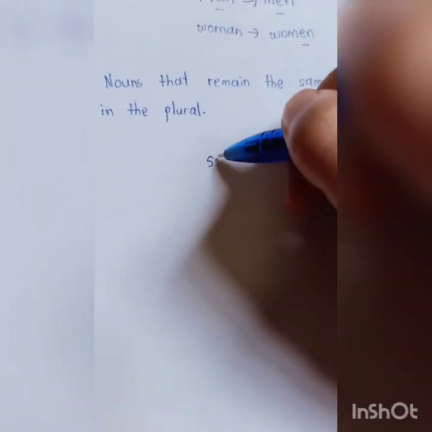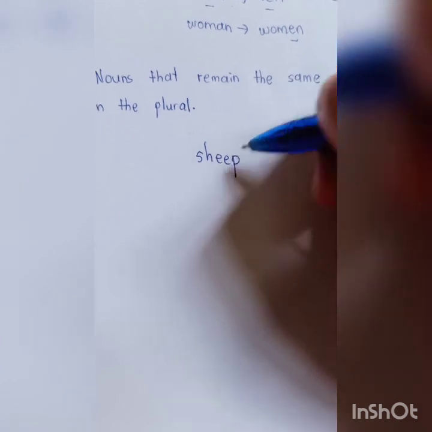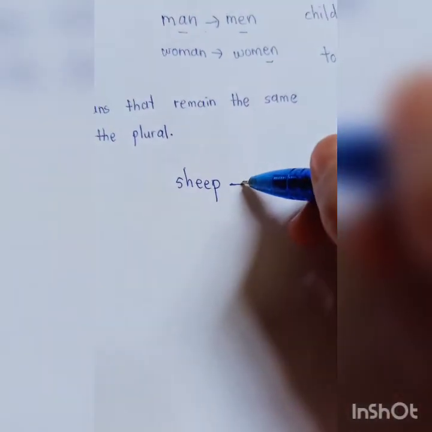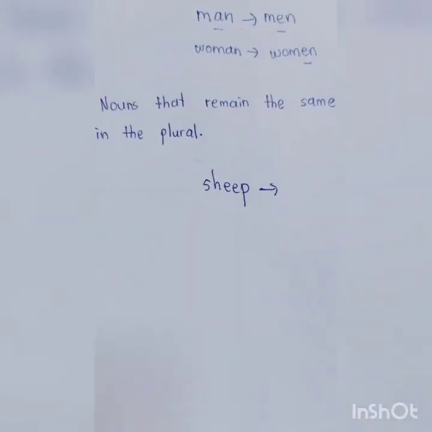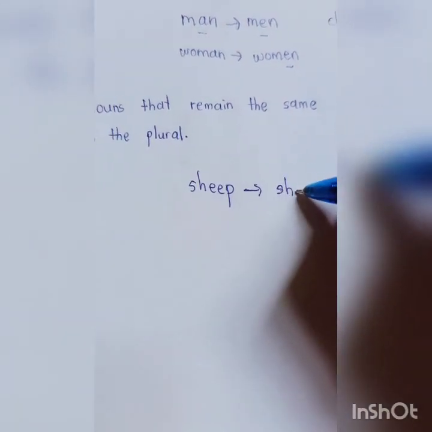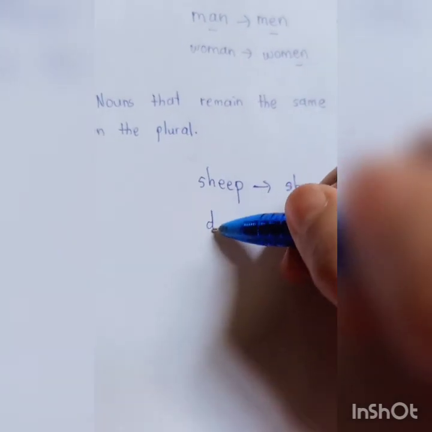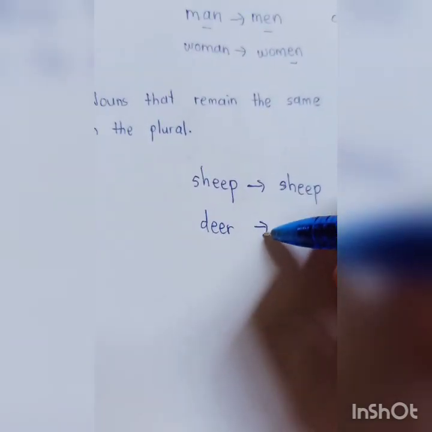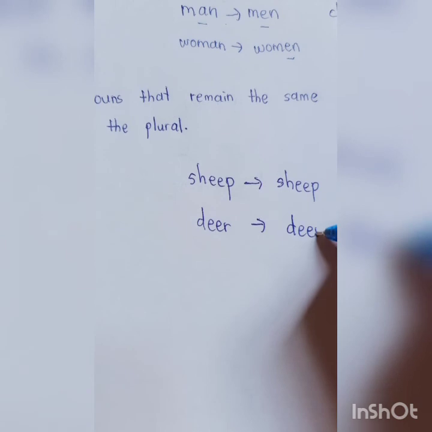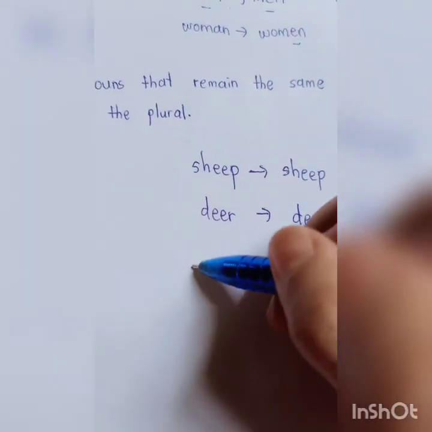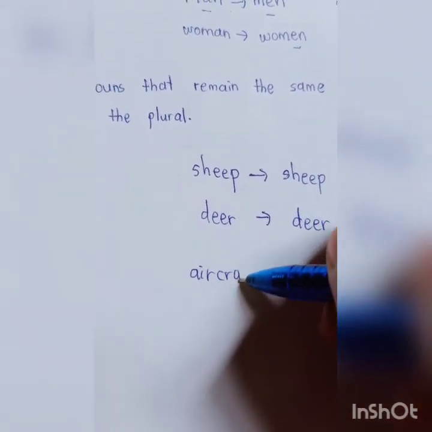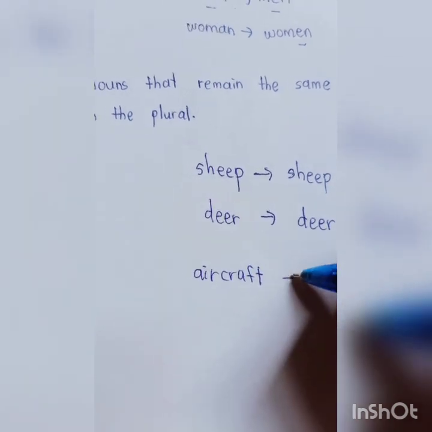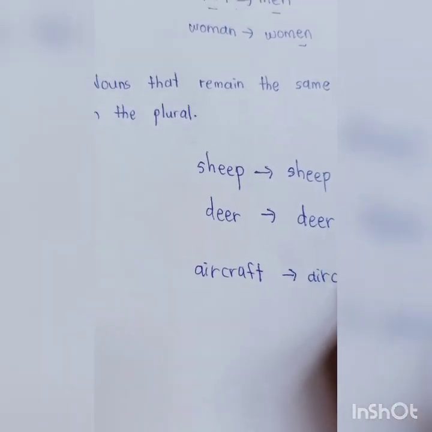Sheep adalah kambing biri, sheep. So, for one sheep, we say sheep. For more than one sheep, it's also sheep. Deer, same. An aircraft, also the same.